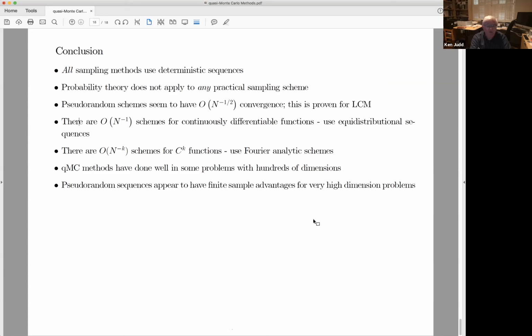The problem with quasi-Monte Carlo sequences is that there's a burn-in phase. Now, people will tell you that any random number generator also has a burn-in phase, but with random number generators, you throw out, let's say, the first 100 draws, then you're pretty confident that you've got a sequence that does what you hope it will do. And so you can get by with samples of 1,000, 10,000, which are practical.